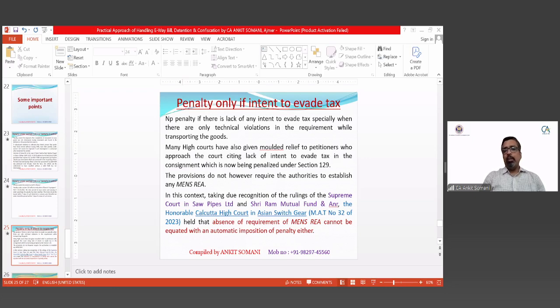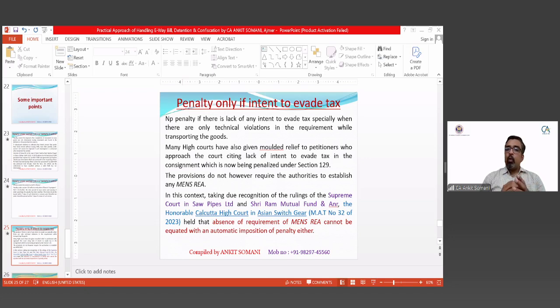Then again, positive judgments are being passed where the order was not passed within the specified time limit. You can note down the important judgment of the Madras High Court, Deepam Roadways. In this case, the order of detention and the demand of penalty were not sustainable. Why?